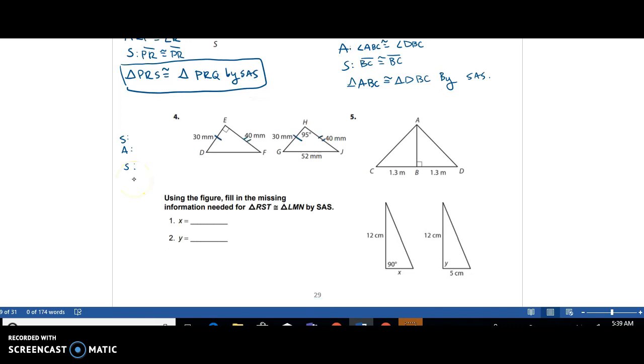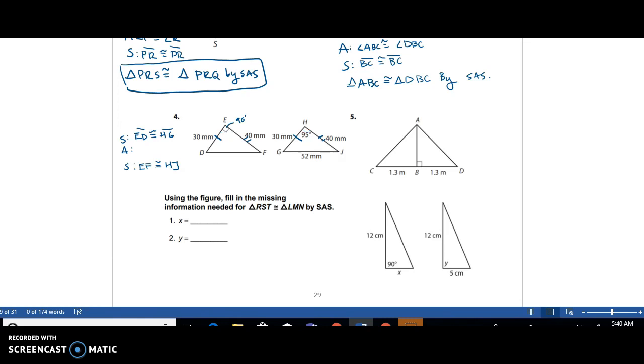So I have these sides are congruent, ED and HG, EF and HJ, but do I have the angle in here is congruent? Well, this means that it's 90 degrees, right? And this angle right here is 95. So I can't say that they're congruent.